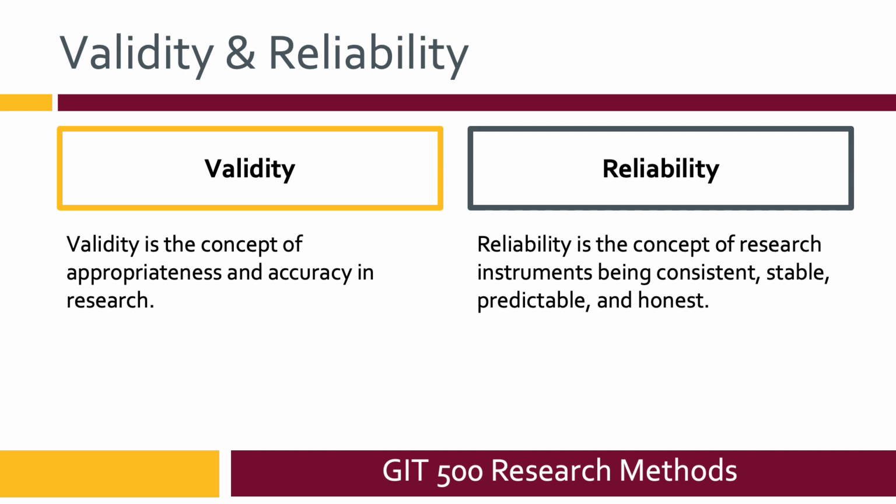Good reliability and validity are linked together. If the research is done well and the instruments are created correctly and properly, then you have both validity and reliability, which means the data that comes out of your research is good.